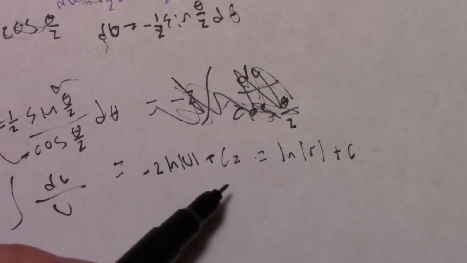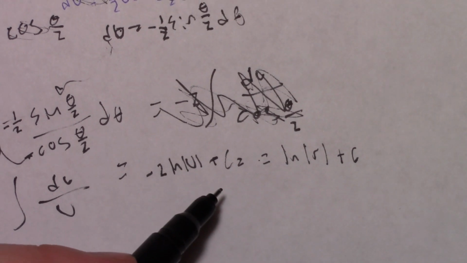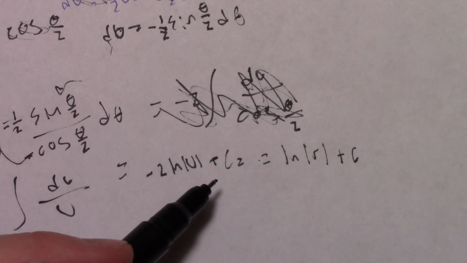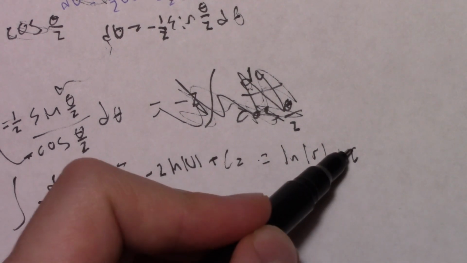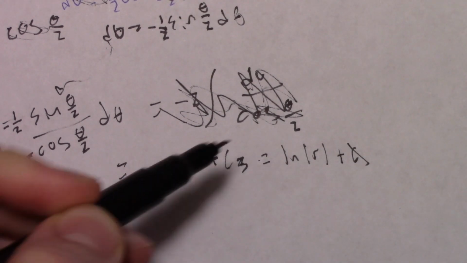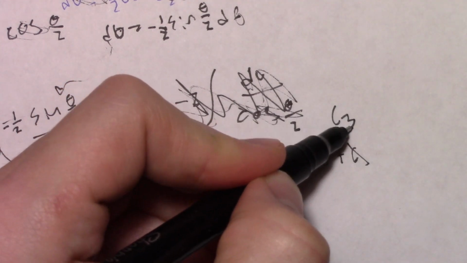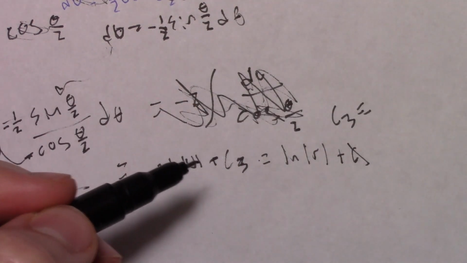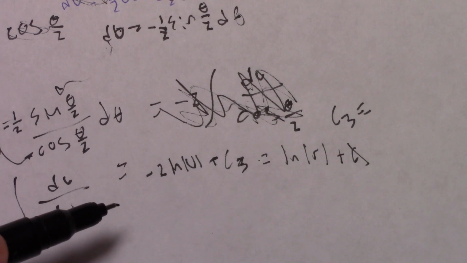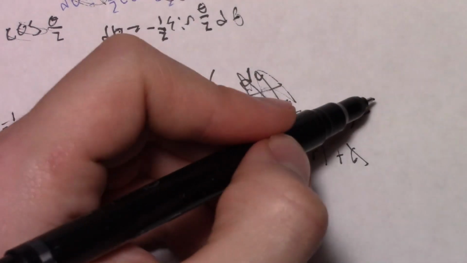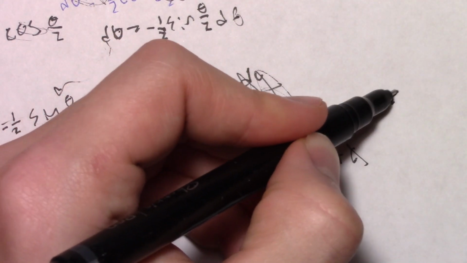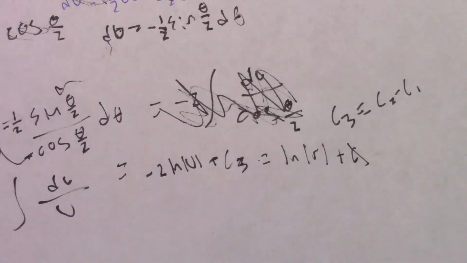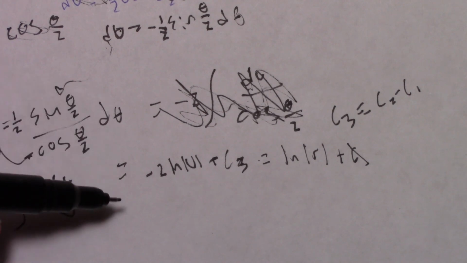Now these C's, I don't know what the interpretation of them is, so I'll just cancel this out and call this C3. C3 is defined to be C2 minus C1. It's not really important, but okay.